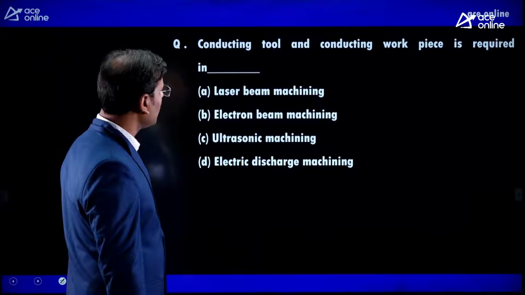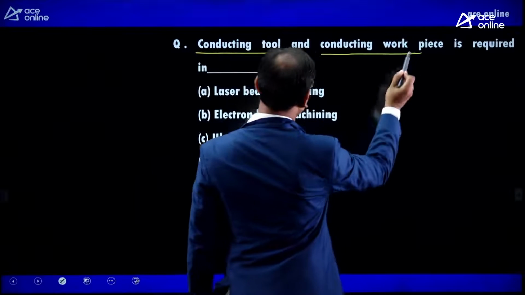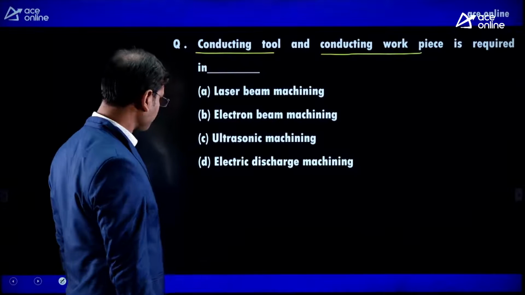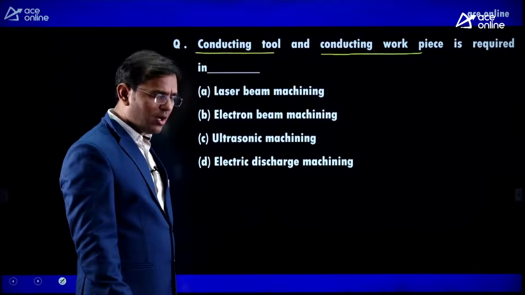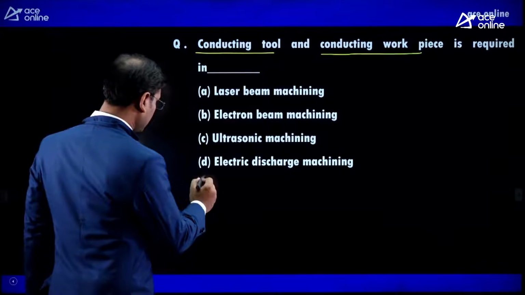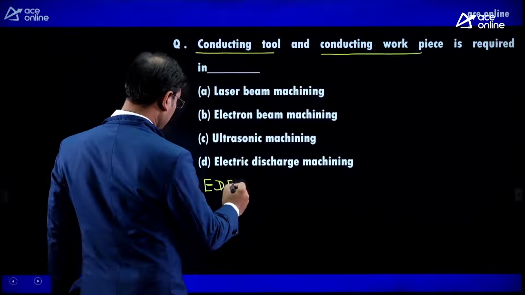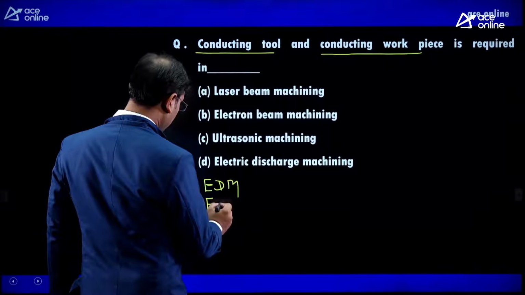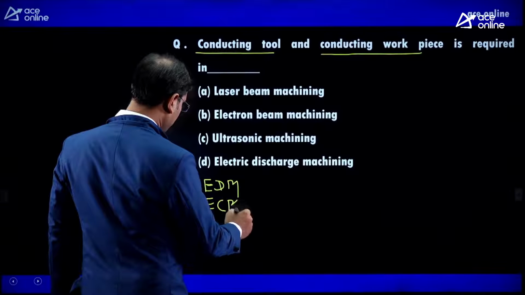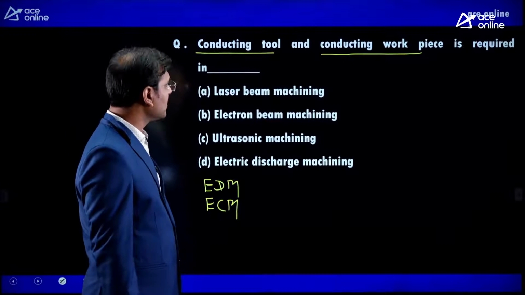Next, conducting tool and conducting workpiece is required in. Guys, out of all non-traditional machining methods, two methods are there. One is EDM, and second is ECM: electric discharge machining method and electrochemical machining method.